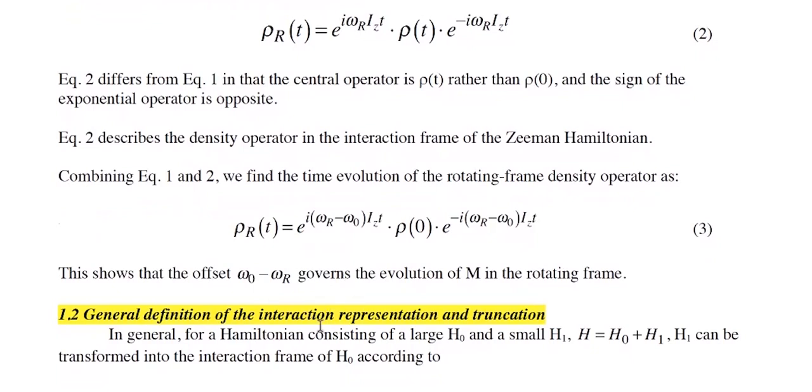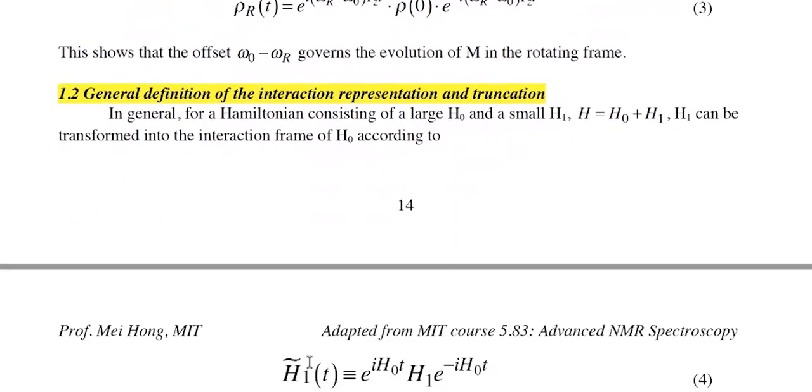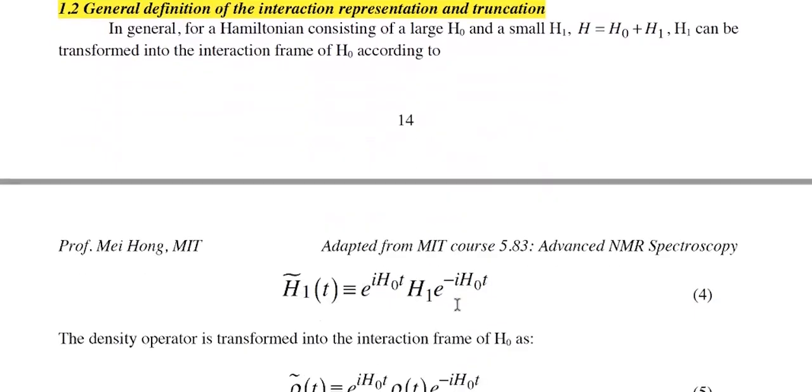All right, so now let's make it general and say I want to do the interaction frame transformation for any Hamiltonian, and the Hamiltonian that I really care about is the RF Hamiltonian. What happens when I have so many pulses? So in general, for a Hamiltonian consisting of a large H0 and a small H1, H1, the little one, can be transformed into the interaction frame of H0 by this equation.